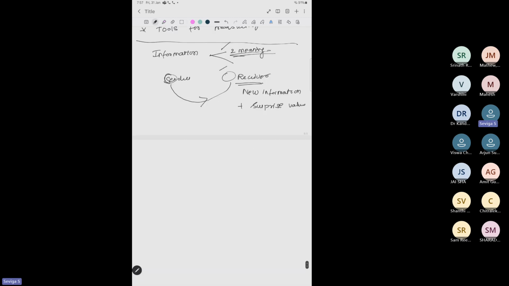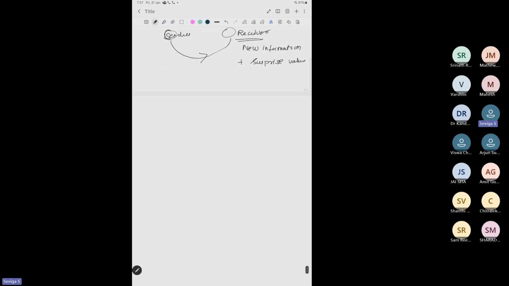So what is surprise? Surprise is nothing but the gap between the expected event and what is actually learned or what is actually present.